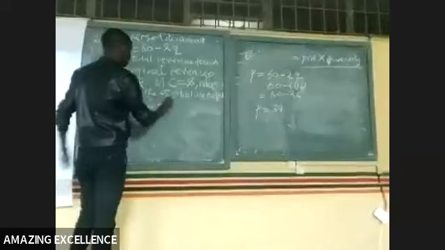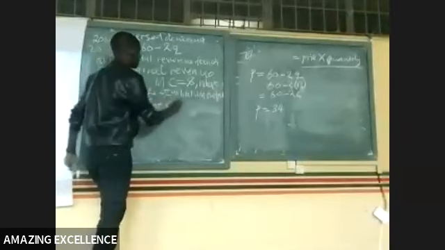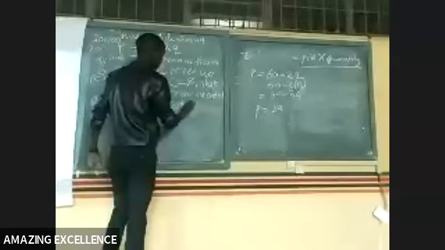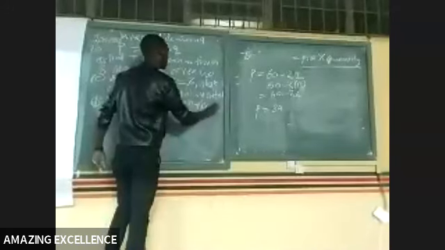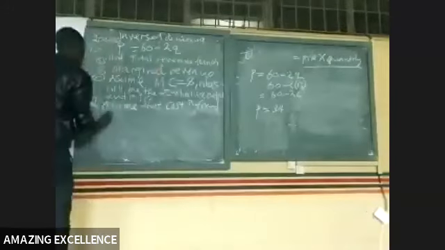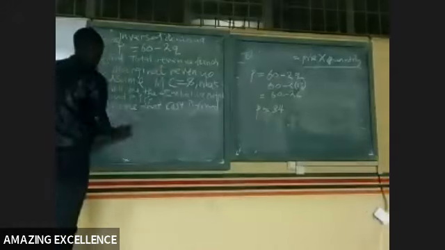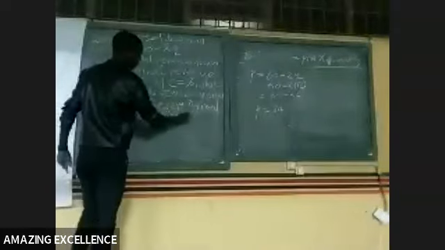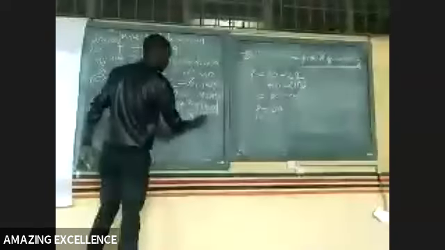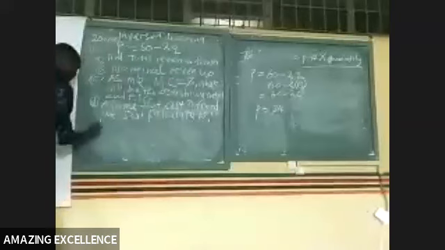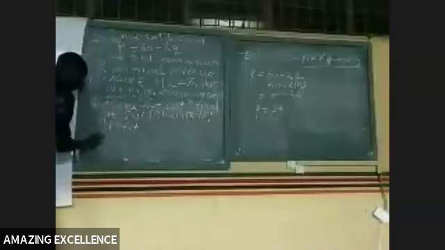Assume that total cost is fixed at 50. Calculate, number 1, for profit. Number 2, for marginal profit.